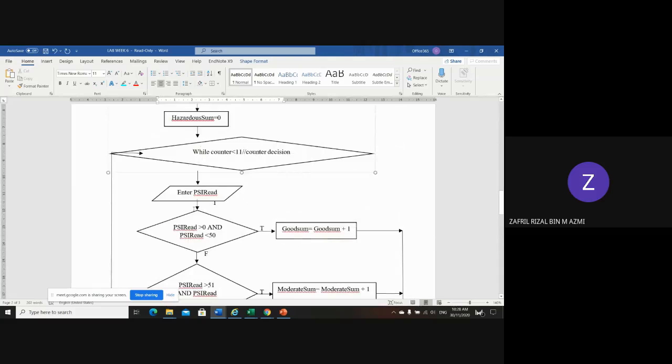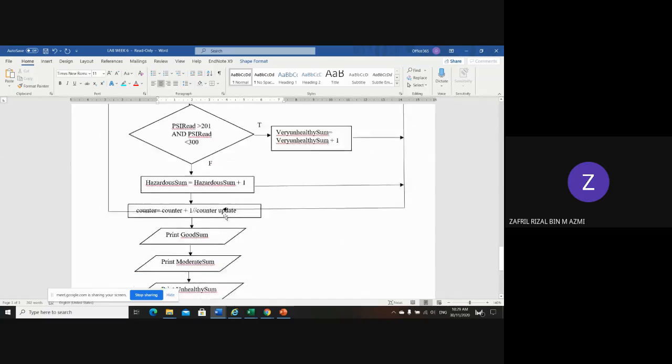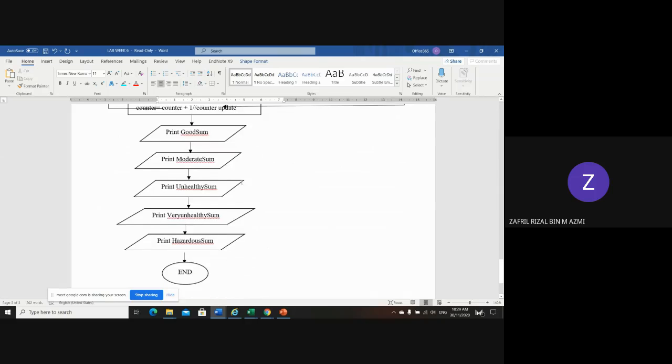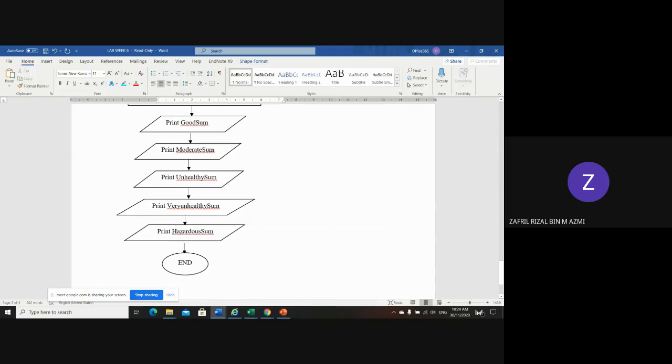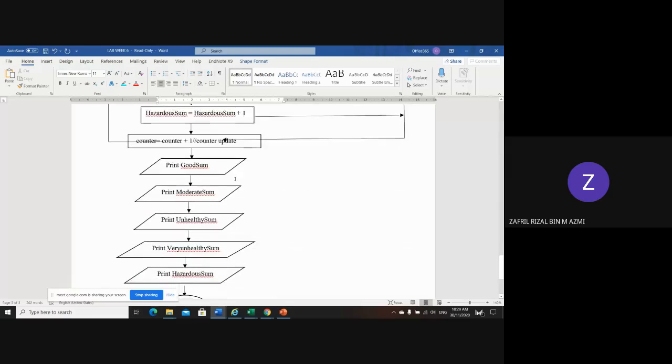Let's say the PSI is all below 50. After 10 times, at the end the value is going to be 10. Then it will go out. Print good sum, it will print 10. Print moderate sum, it will print how many? What's the value for moderate sum if all values are below 50?